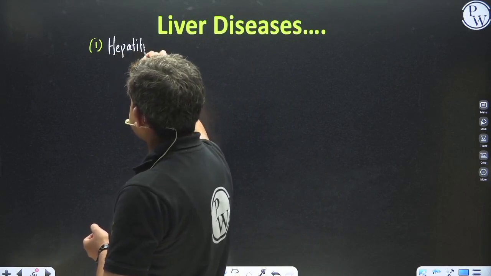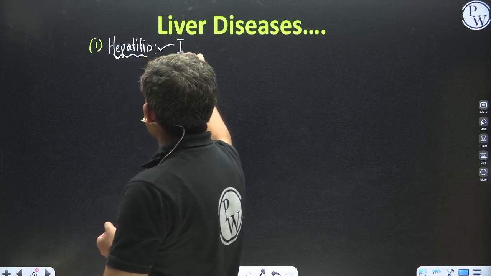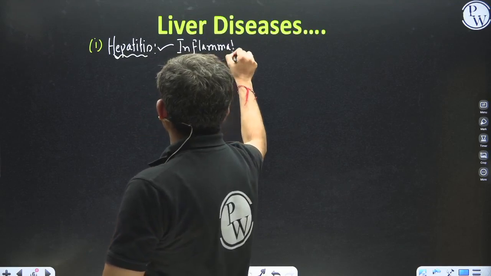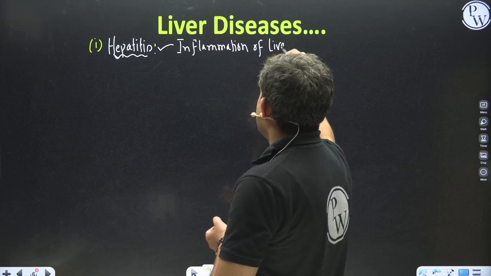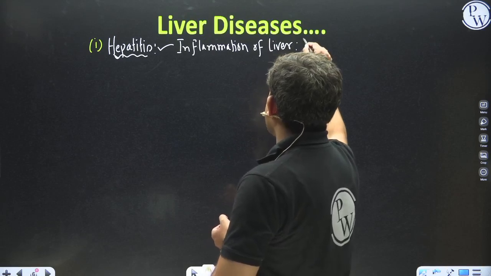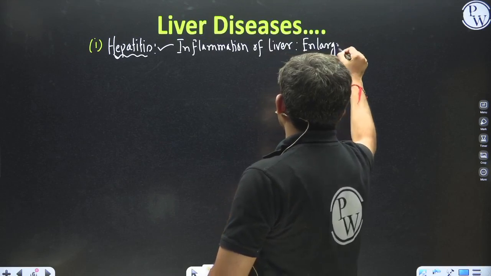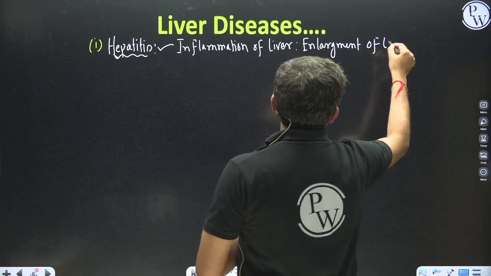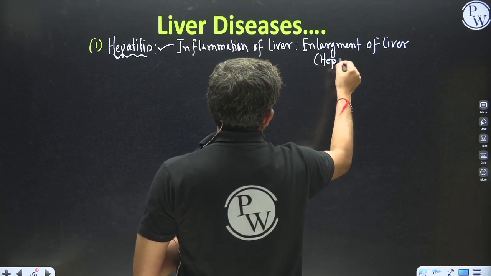Hepatitis means inflammation of the liver, and it causes enlargement of the liver. This enlargement of the liver is termed hepatomegaly.